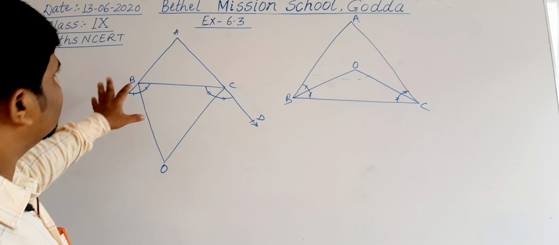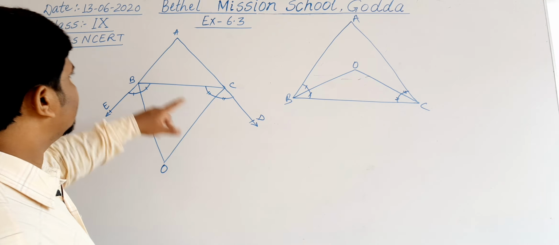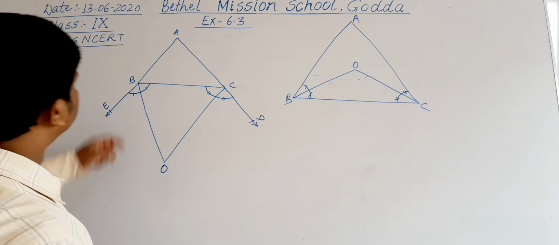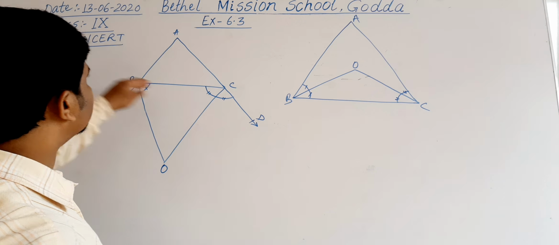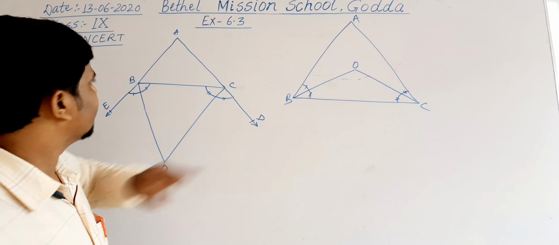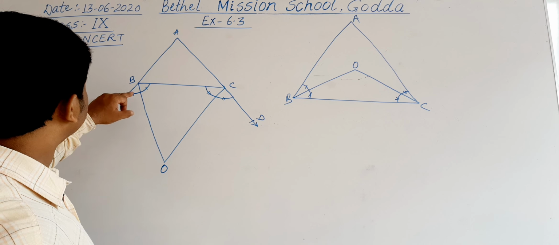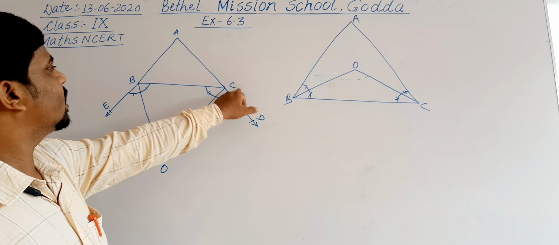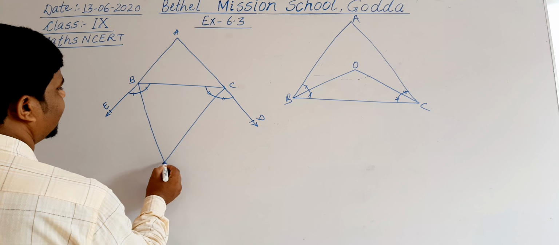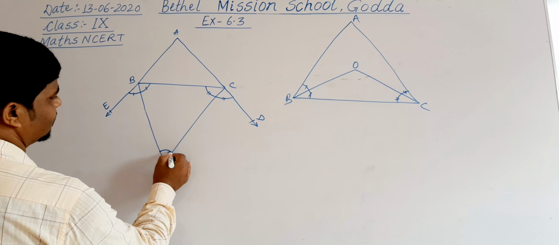Okay, children, let's see the two diagrams here. You can see A, B, C, and these BO and CO are bisectors. In this diagram, in triangle ABC, AB is produced to E and AC is produced to D. This exterior angle is bisected by BO and this exterior angle is bisected by CO, and BO and CO meet at the point O. Then what will be the value of this angle?